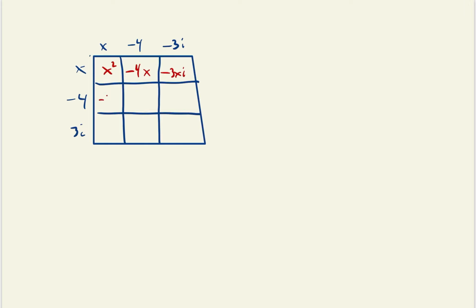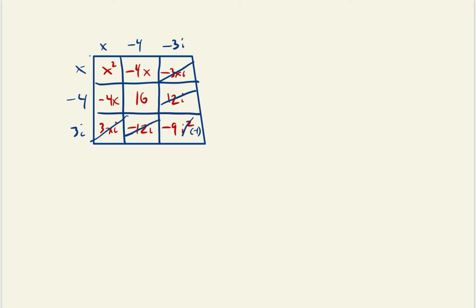So this would be x squared minus 4x minus 3xi, negative 4x plus 16 plus 12i, 3xi, negative 12i, and negative 9i squared. But we know i squared is negative 1. So this is really going to be positive 9 because you have a negative 9 times a negative 1.